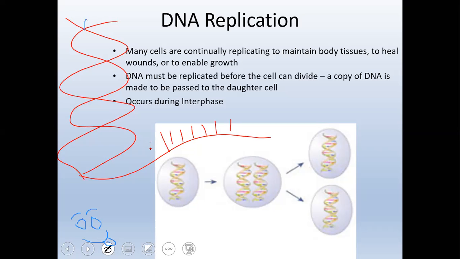Actually, I am filling it in this way as it unzips. We unzip, immediately fill it in, unzip, immediately fill it in, and so on and so forth. Nice and smooth. I'm just filling it in as it's unzipping.